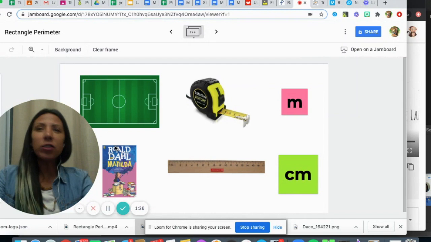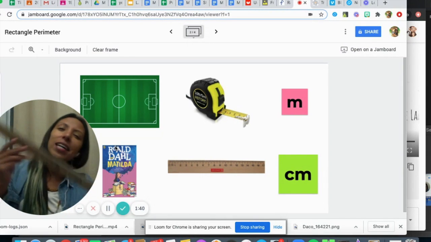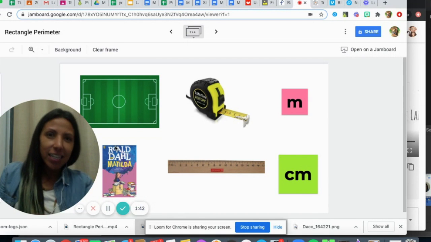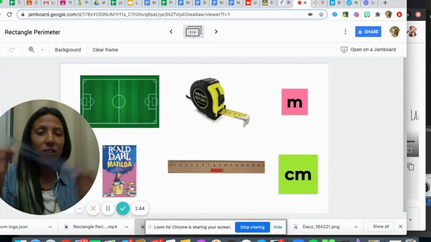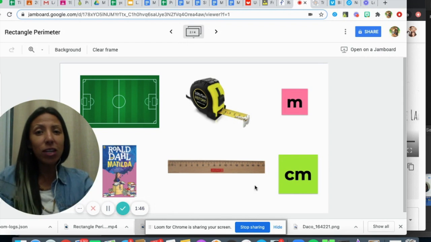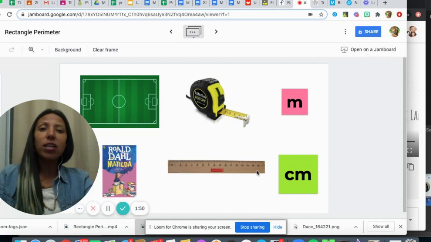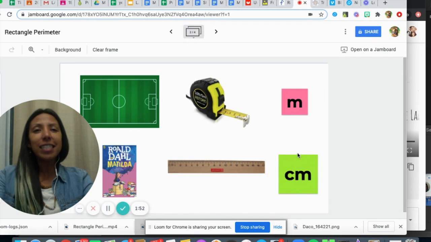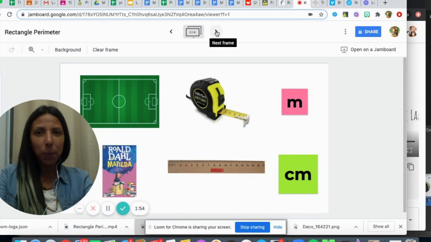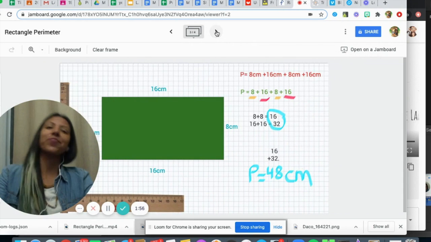But if we're measuring a book, we don't need this massive meter stick. Then we just use our ruler. And the unit of our ruler is centimeters, the unit of measurement.